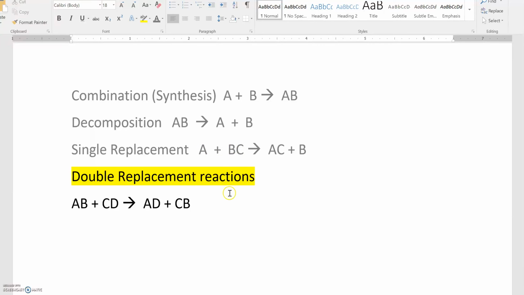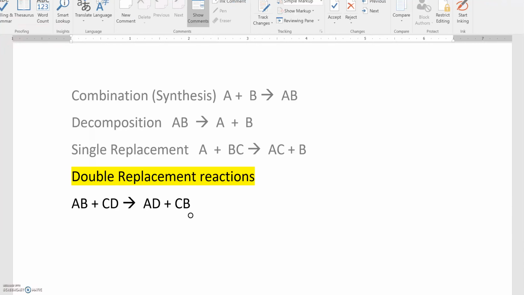And therefore, double replacement reactions, you can see that the starting materials AB, two different elements, plus CD, two other elements, give you AD plus CB.